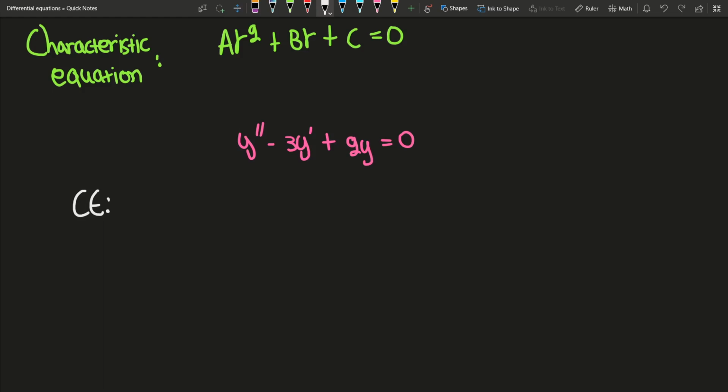So that would be r squared, because we have 1 multiplied by y double prime, minus 3r instead of y prime, plus 2 r to the power of 0, which is 1, instead of y, equals 0.